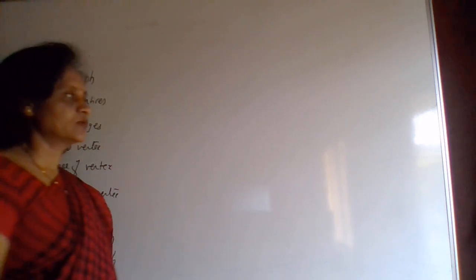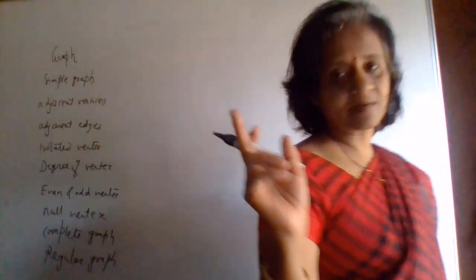Next, we'll define degree of vertex. Next, even and odd vertex, null vertex, complete graph, and lastly regular graph. So let's see these terms.